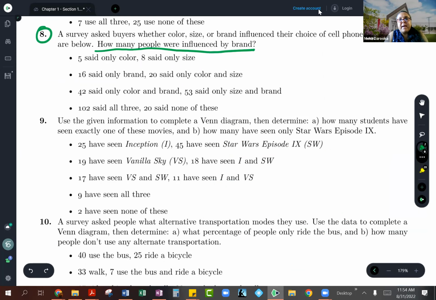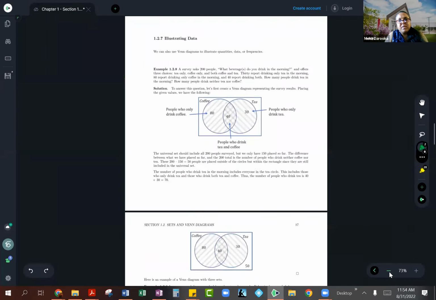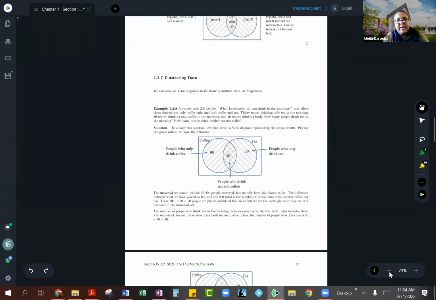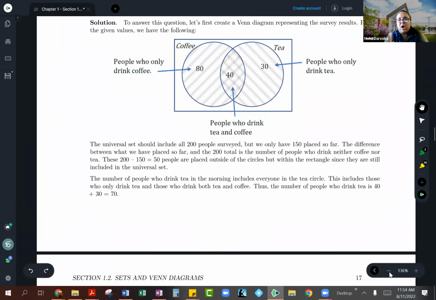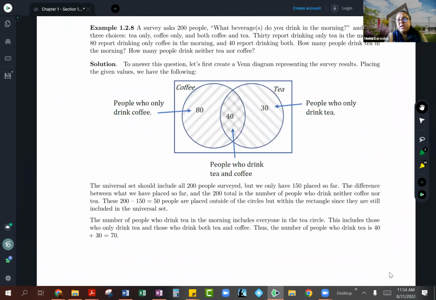So let's get back to our handout here. You will see that's kind of what they are doing in this example, they're giving you all that information and then they're asking you how many people drink tea in the morning, how many drink neither tea nor coffee. Once you have the Venn diagram and you have all those numbers placed where they should go, then it becomes very easy to see which people fall under what category.